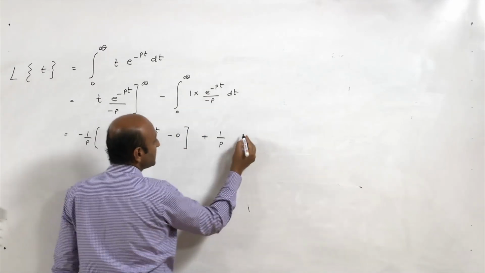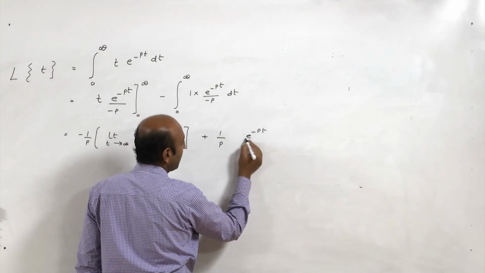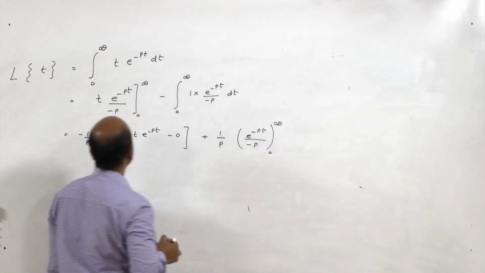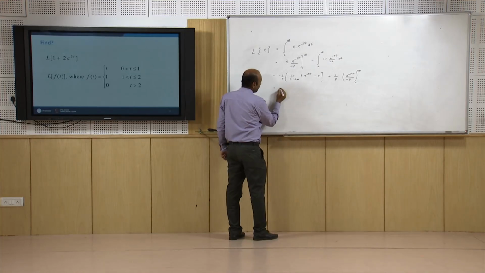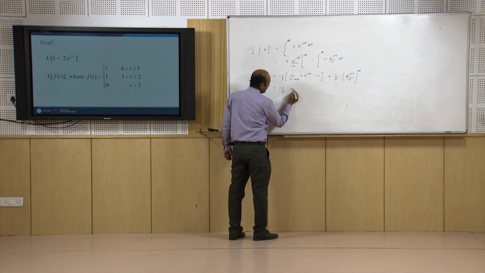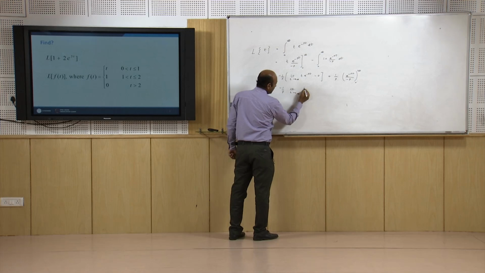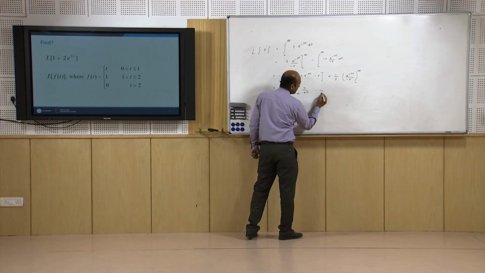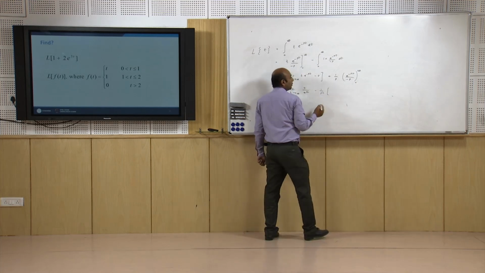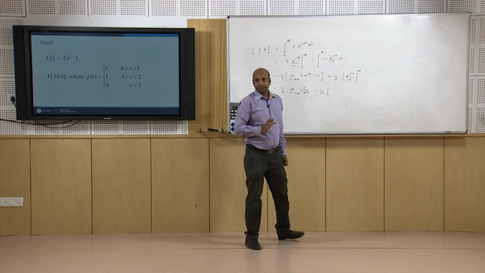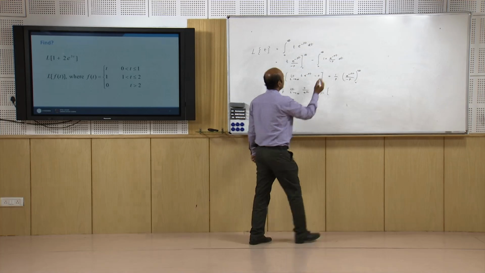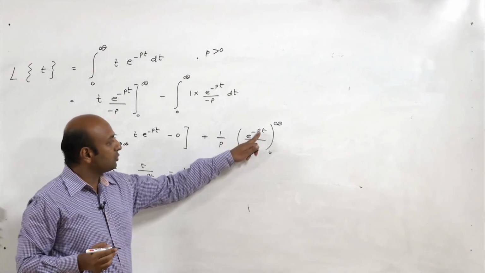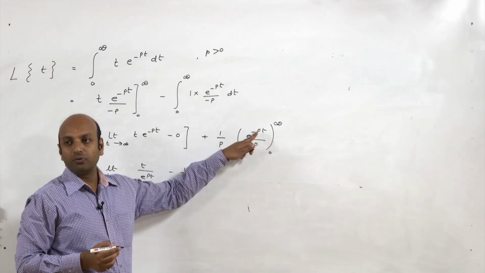The integration of this is e to the power minus pt upon minus p, again from 0 to infinity. So it is minus 1 by p limit t tending to infinity of t upon e to the power pt, minus 1 by p square. We assume that p is greater than 0, so this value will tend to 0 as t tends to infinity.